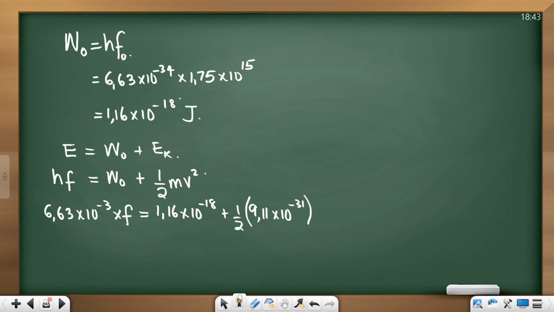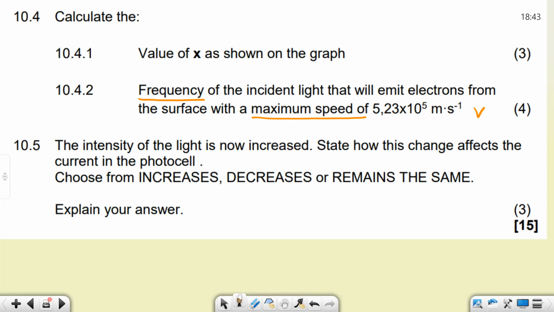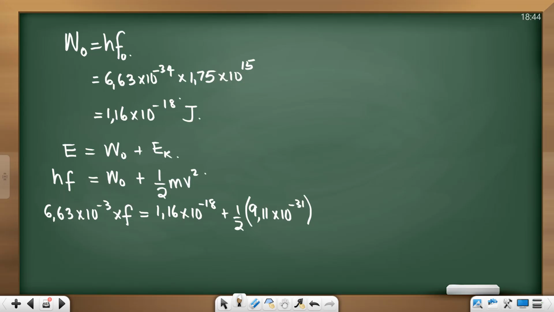And we know the velocity: 5,23 times 10 to the power 5. Please don't forget it is v squared. This is so easy. We're just going to multiply, solve everything on the right, and divide by 6,63 times 10 to the power negative 34. You do the maths for me and give me an answer quickly.